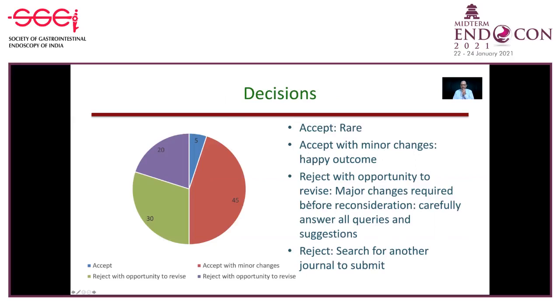Reject with opportunity to revise requires major changes to be done in the paper, and one has to carefully answer all the queries and suggestions given by the reviewers. And finally, about 1/4 to half the papers submitted to the journal are rejected, and in that case, the author has to search for another journal to submit the paper in a revised form.